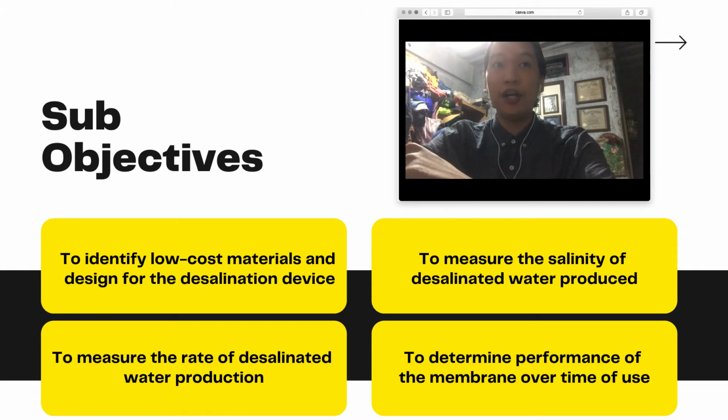And these are to identify low-cost materials and design for the desalination device, to measure the rate of desalinated water production, to measure the salinity of desalinated water produced, to determine the performance of the membrane over time of use.